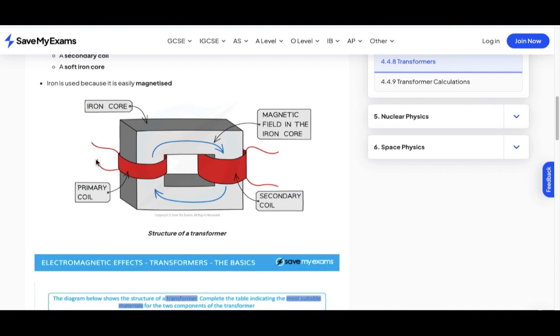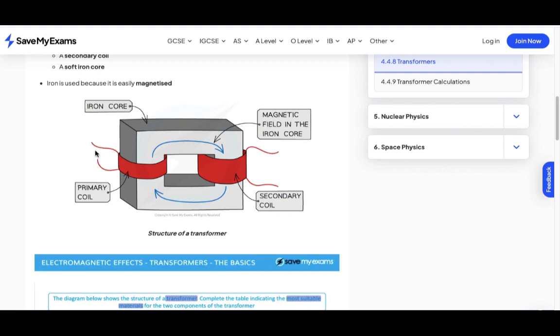If you use a DC current, like you connect this to a battery, it cannot produce a changing magnetic field. It will not be alternating. The magnetic field will not have a sinusoidal behavior. It will not be able to travel from here to the secondary side. So that's why we use an AC current here.